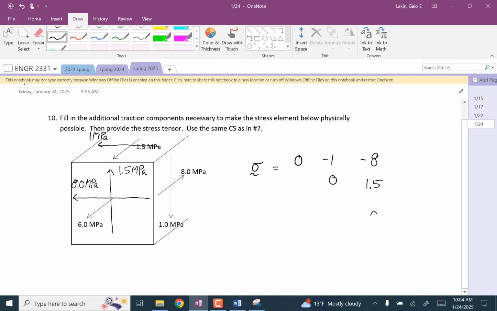And that's it. Now you can fill in the rest just using the symmetry. This has to be -1. This has to be -8. And this has to be 1.5. ZZ is 6, right? Dang it!